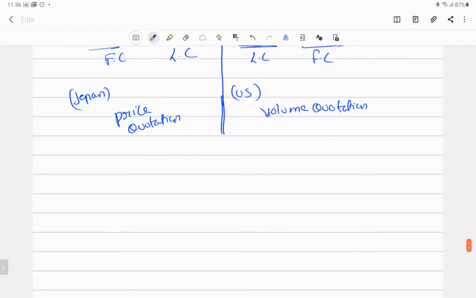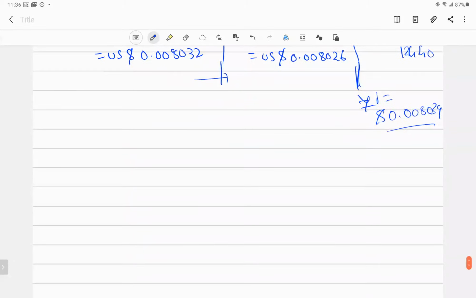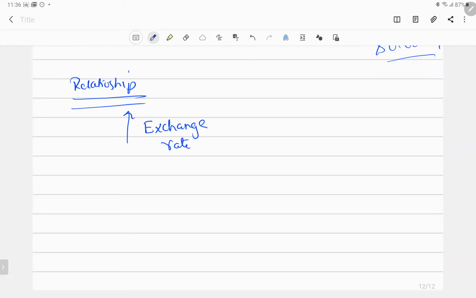Now you have to interpret the relationship that we have seen. So when there is a rise or fall in exchange rate, when there is a rise in exchange rate, the value of commodity currency rises.